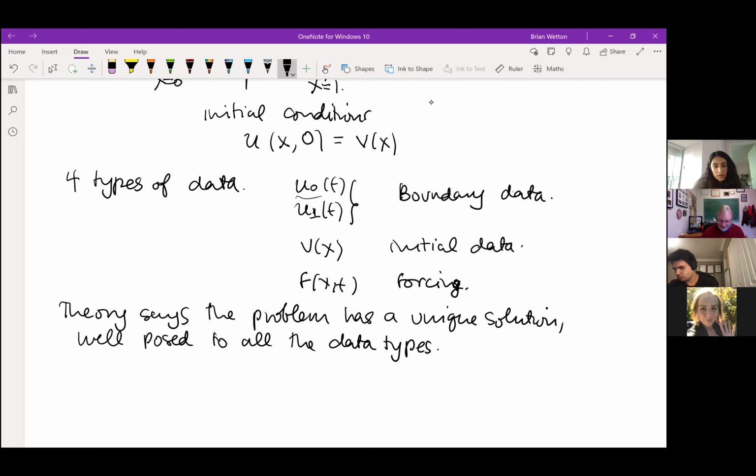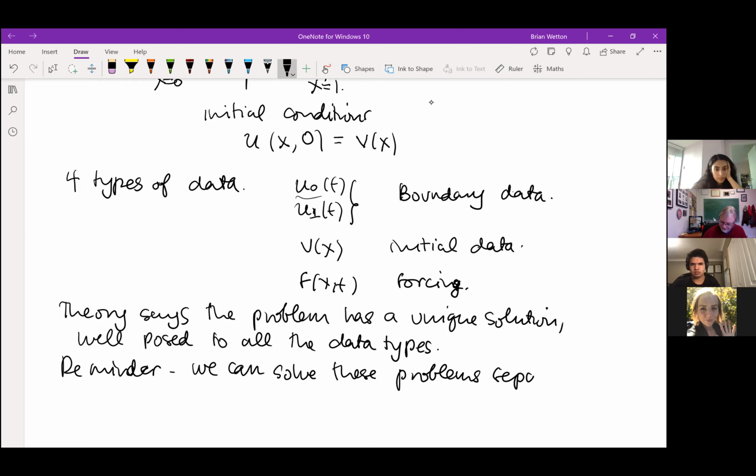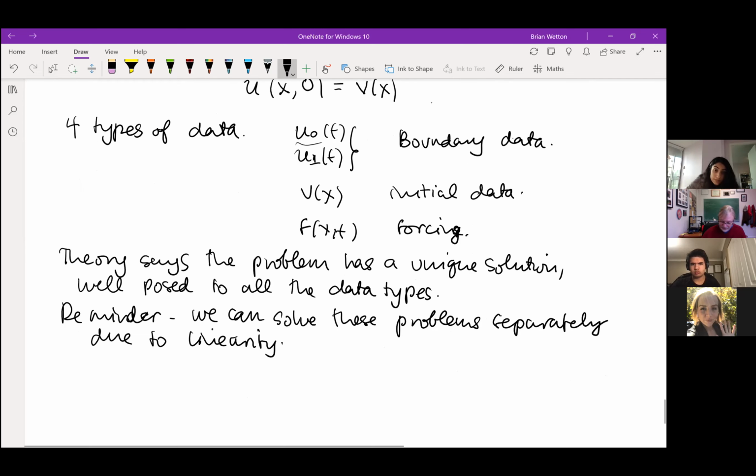As the final thing to say, I'll remind you that we can solve these problems separately, due to linearity. Right?